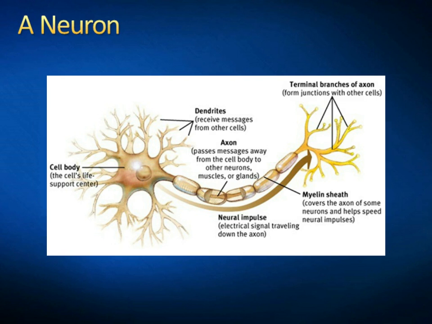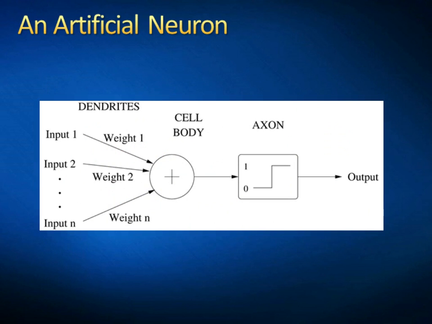Okay. Now, what we're going to do is, number one, we're going to build the simplest mathematical model of this that we can, that is still able to function, to do these inferences and to learn. And then we will connect them into a large network, and then we'll figure out how to learn the weights.